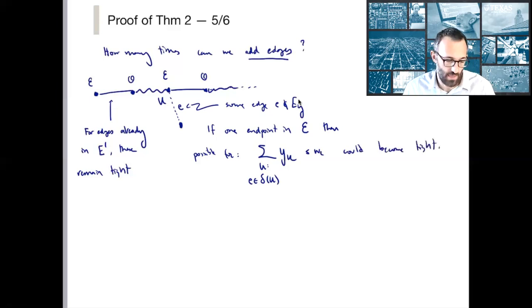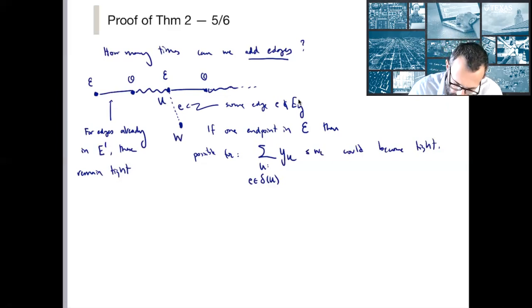And why have I insisted that u is an E? That's because this inequality is satisfied for every edge by definition, because y is taken to be feasible and we maintain feasibility, and I'm increasing the value of yu if u is an even and decreasing it if it's an odd. So if I'm decreasing it, there's no danger that it would all of a sudden become tight if it wasn't tight before. That's why I've assumed that u is an E. All right, and its other endpoint is some w. So where could w be?